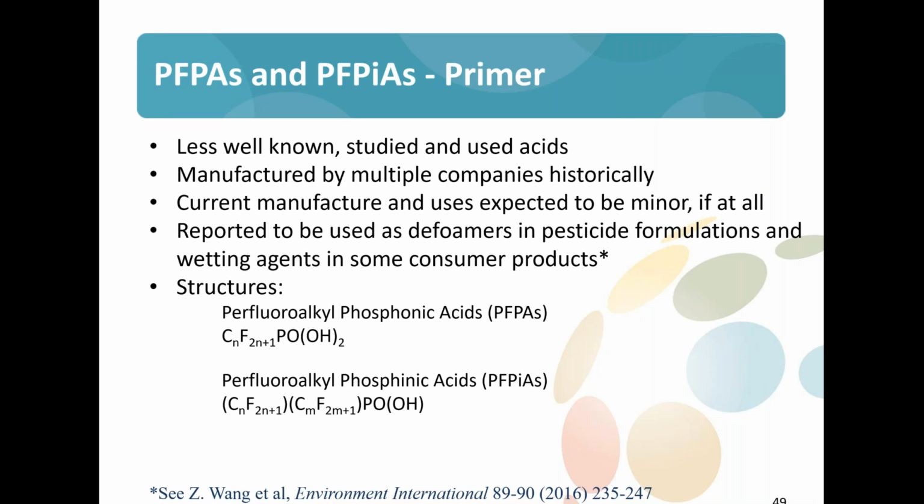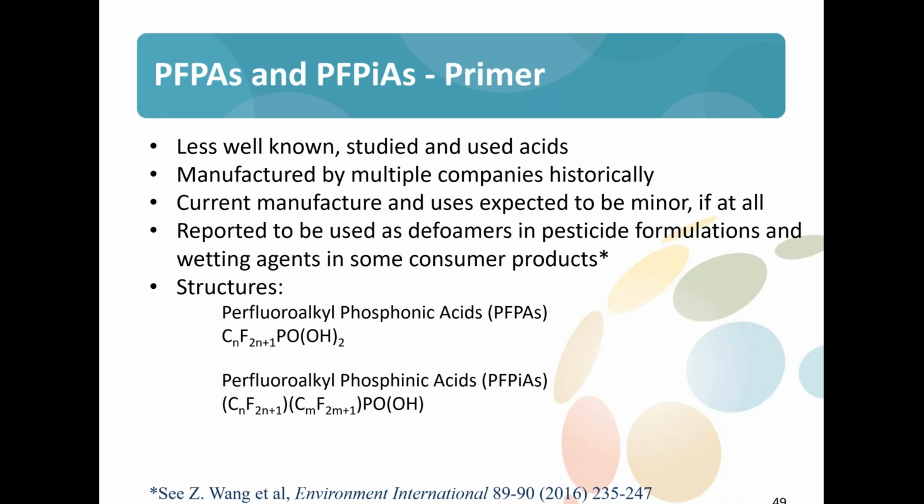So the first one is the phosphonic and phosphinic acids. Not really well known. I mean, they're known, people talk about them, but they're much less well known, less studied, and clearly less used acids that were made historically by a couple of companies. Bob and I discussed this at length.